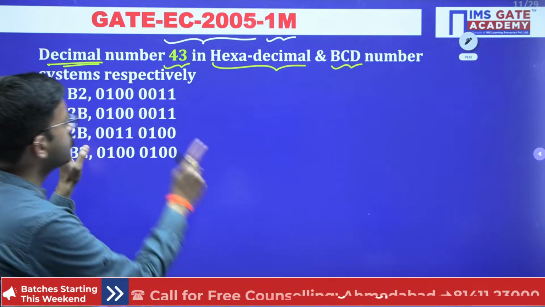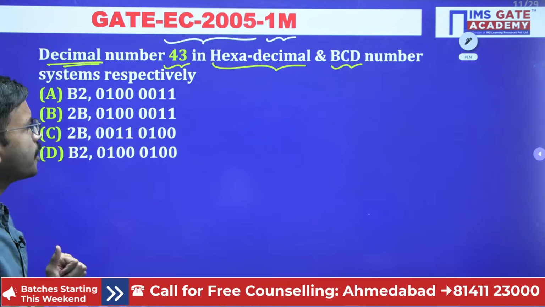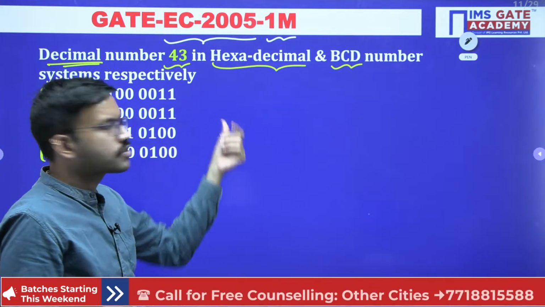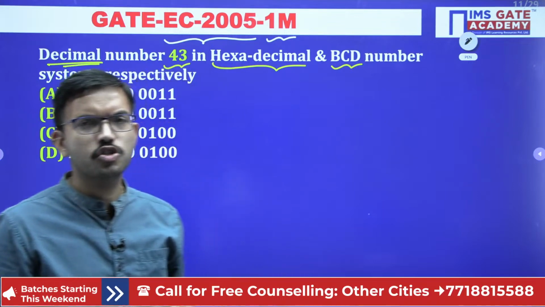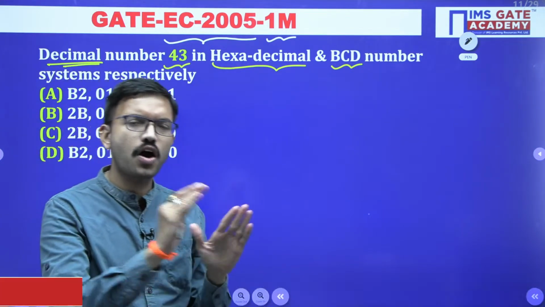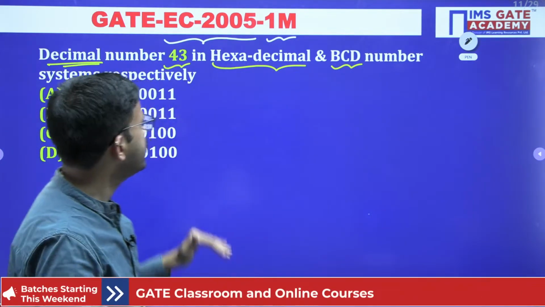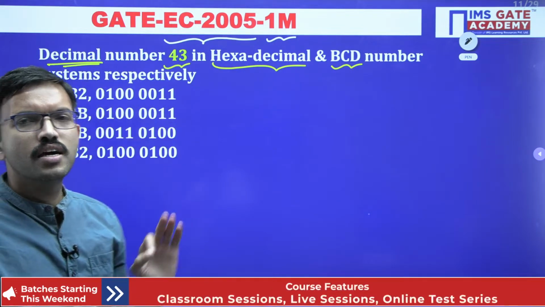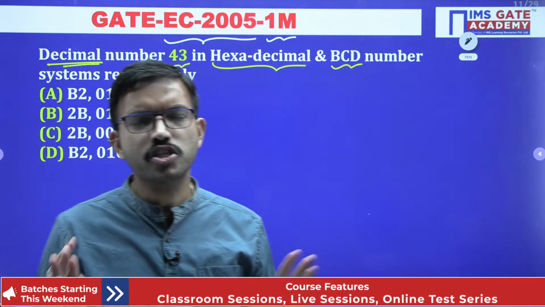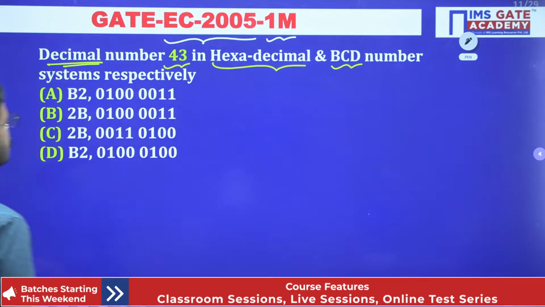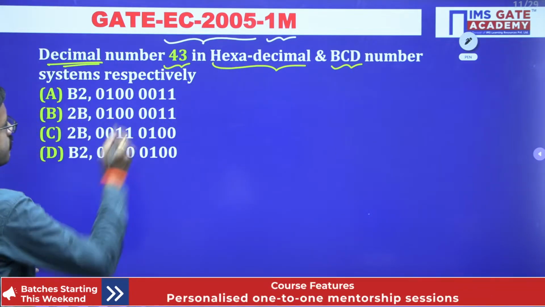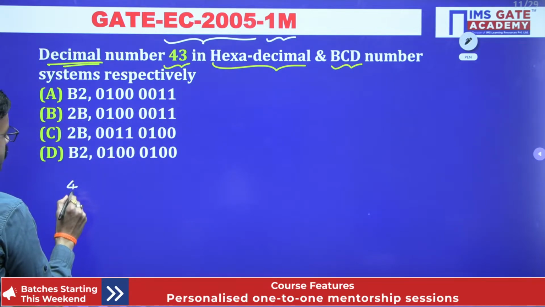So if any of you couldn't attend the earlier classes regarding number system conversions, kindly watch those sessions. We have discussed all the conversions in detail, and we have discussed a variety of GATE questions as well, in both conventional and shortcut methods. Right.